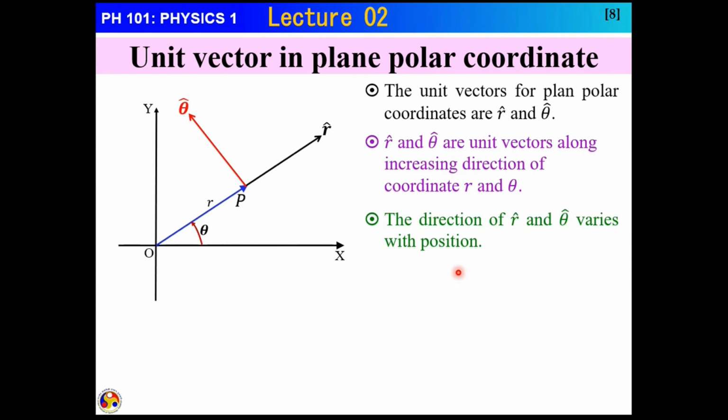Unlike this Cartesian coordinate system, where the unit vectors along the two axes x and y were fixed in space and not dependent upon the position. However, in this polar coordinate system, this r cap and theta cap vary with position.